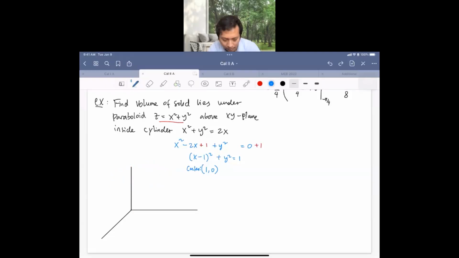I think I will just draw by hand. So we will have the paraboloid, and in 1, 0, let's say this is y, x, z. At 1, 0 should be here. This is the circle, I think a little bit bigger.